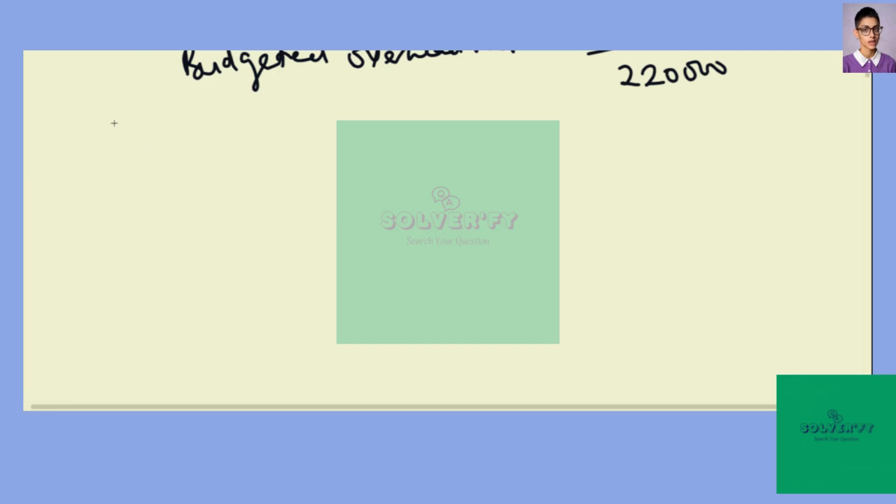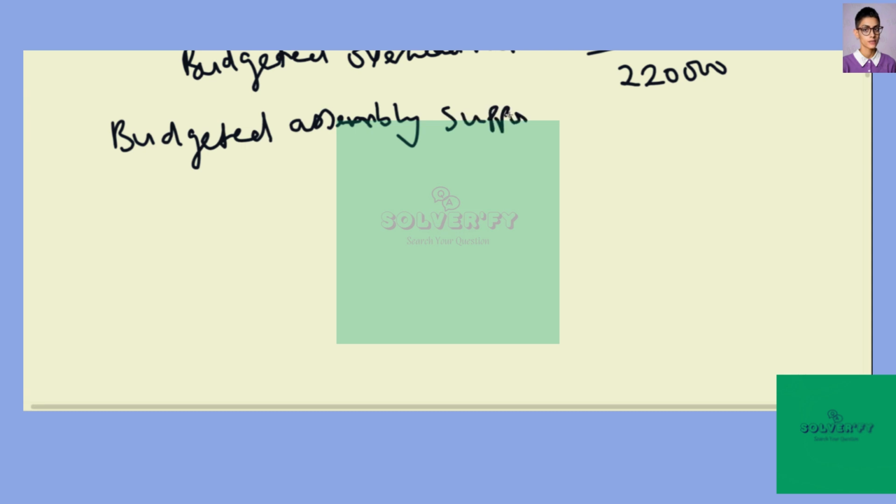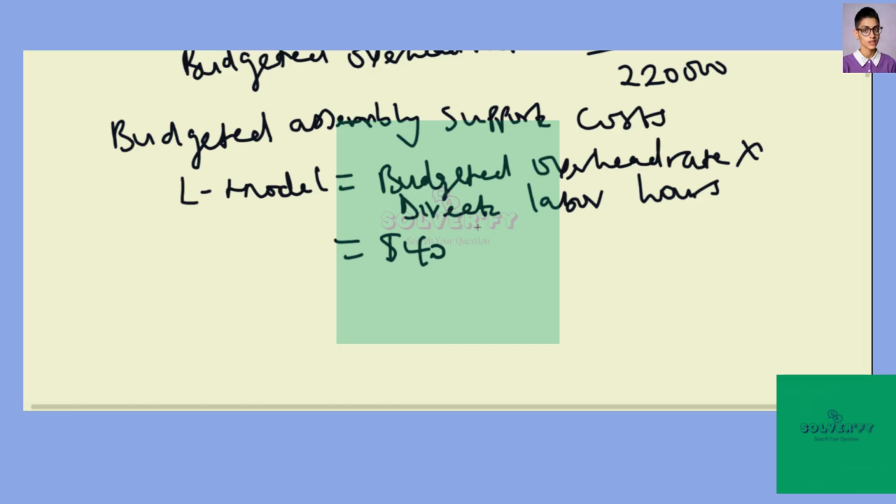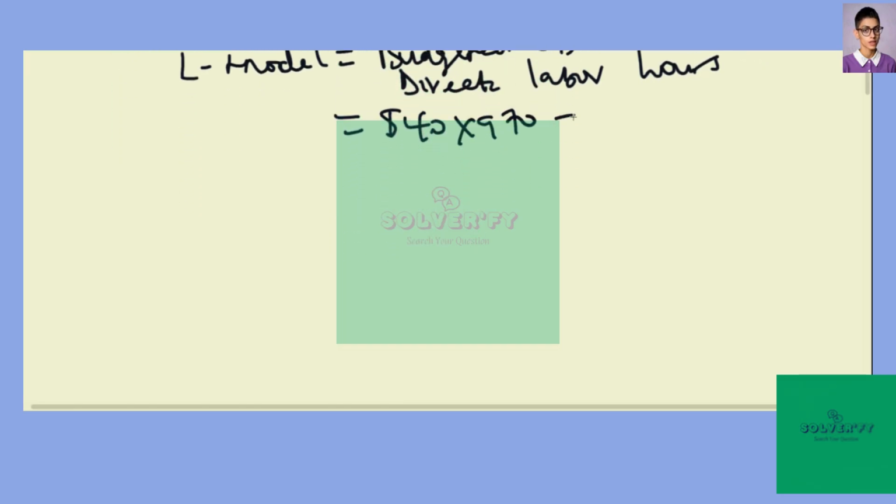Now, computing the budgeted assembly support cost allocated to each job, the L model. So the budgeted assembly support cost with the L model will be equal to the budgeted overhead rate multiplied by the direct labor hours, and this is equal to $40 multiplied by 970 that we're given, and the L model budgeted assembly support cost is 38,800.